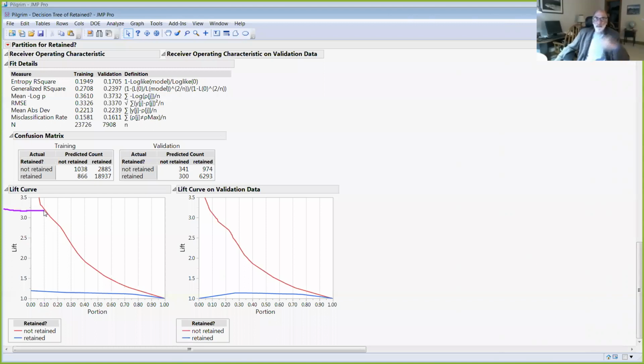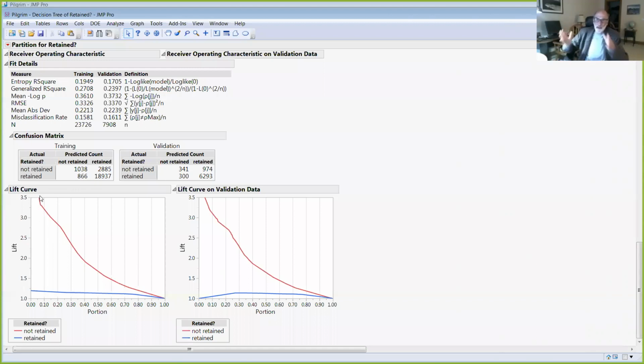That's what's known as lift, that you're getting a more than proportionate response. A model that gives you lift of about 1 is basically like a random model. It's saying, if you look at 10% of the people with the highest probability of losing the customer, you're going to get about 10% of the customers that you lose, which is like a random model. The higher this lift is, the more useful it is.